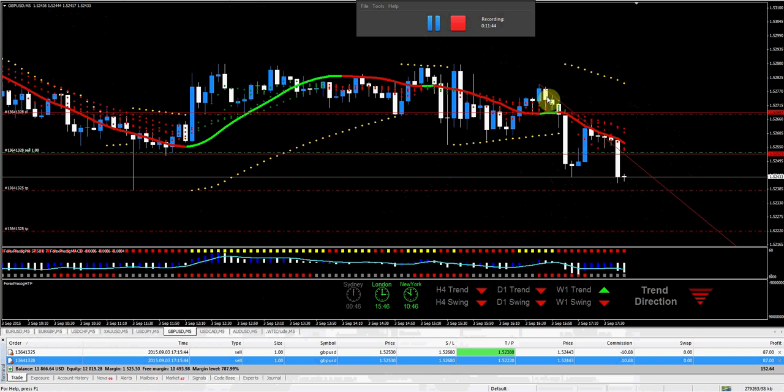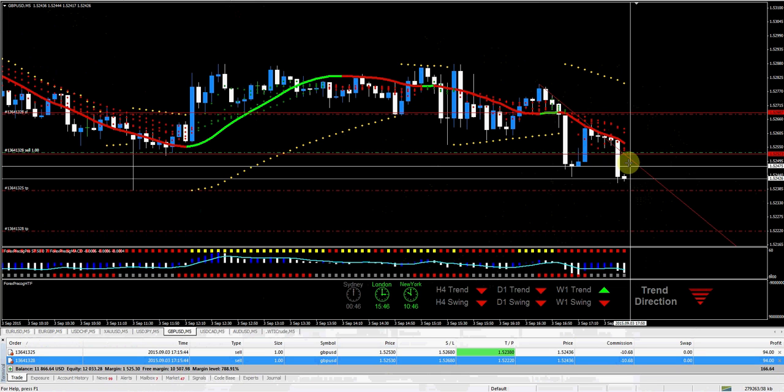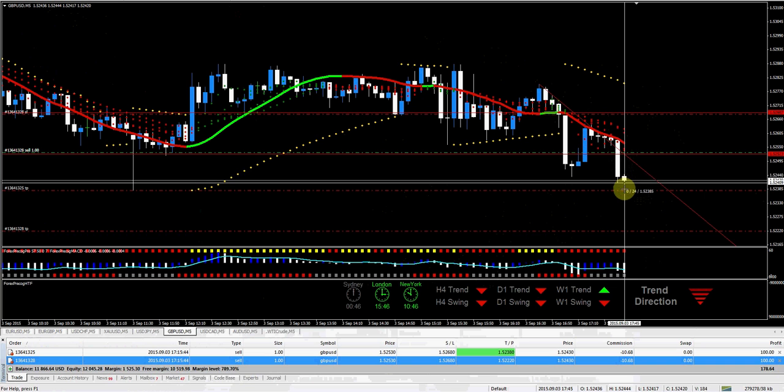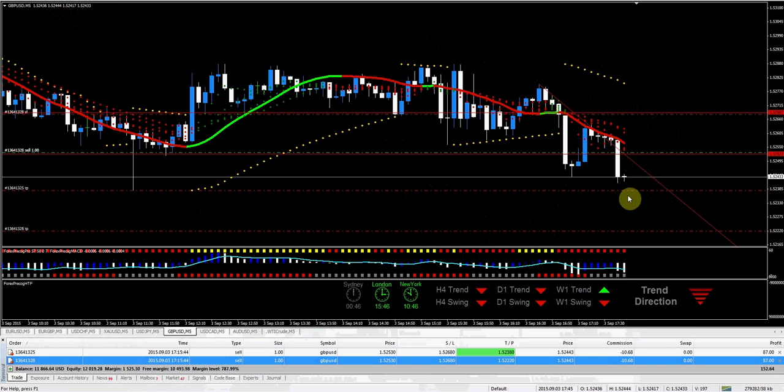Alright guys, just another quick update. As you can see, the market pushed within 3 pips of hitting our first profit target, so came really close here. Just waiting to see if the market's going to come down enough to push through it.